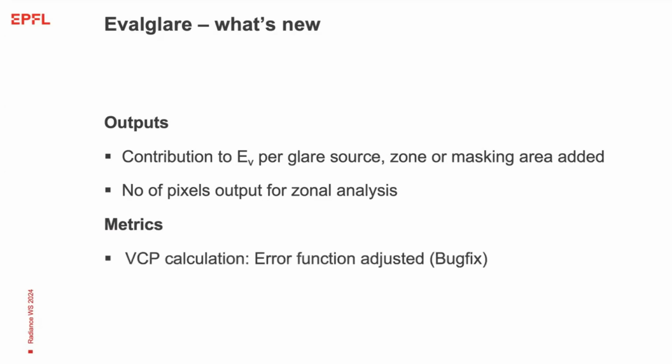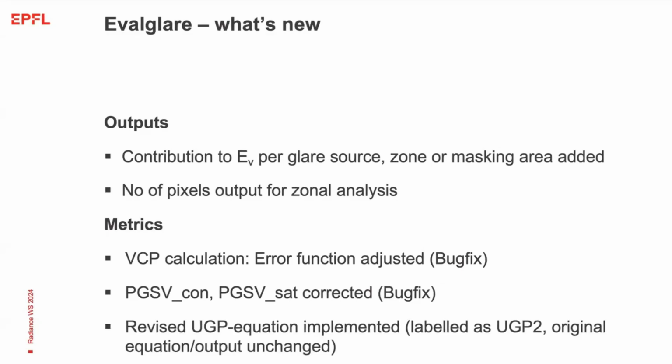Regarding metrics, there were also some slight bug fixes for the VCP calculation. Regarding the arrow function, there was a mistake in there, and also for PGSV and saturated PGSV there was a little bug fix. And there's also the revised UGP equation installed.